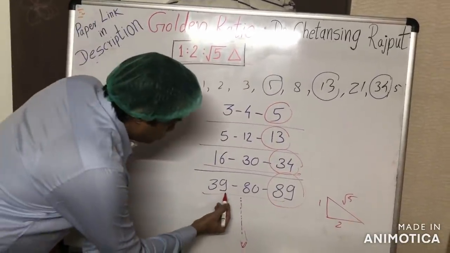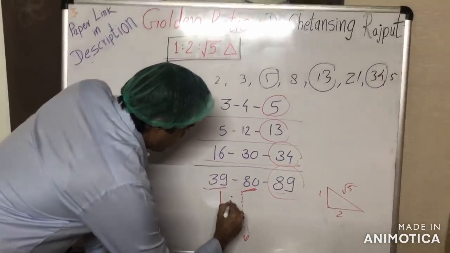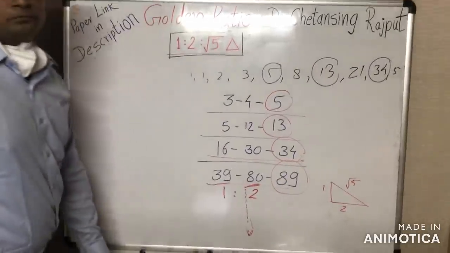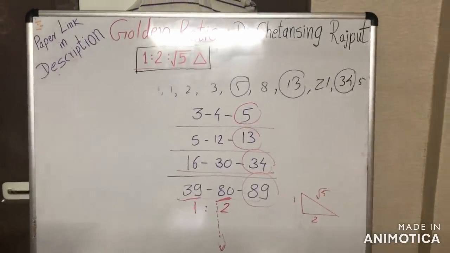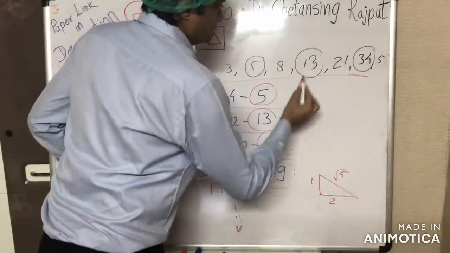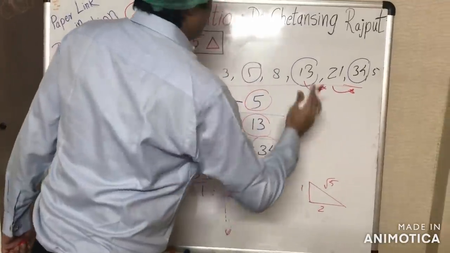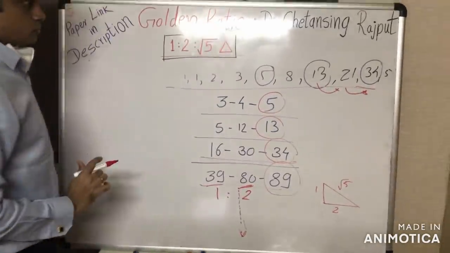It means the two catheti of this triple approach the ratio 1 to 2. You getting my point? Just like as the Fibonacci sequence advances, the two consecutive numbers approach the ratio between them, which is equal to the golden ratio.